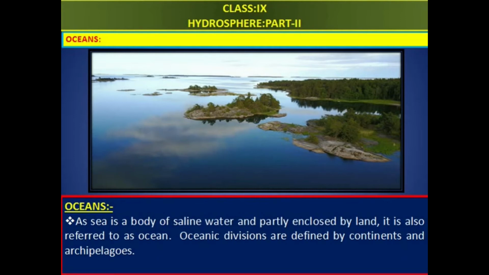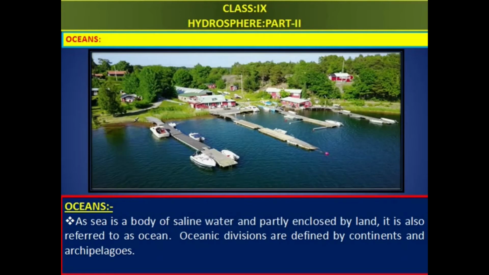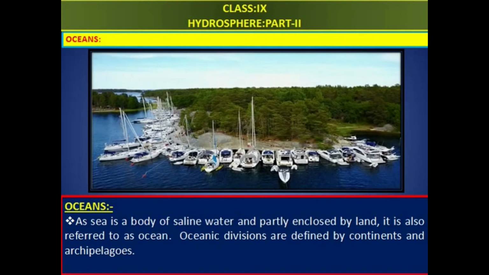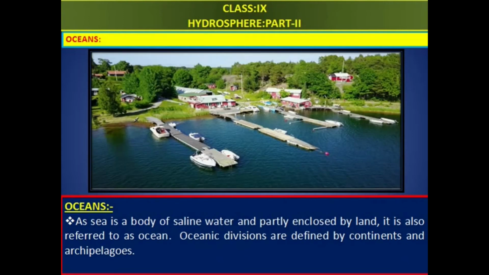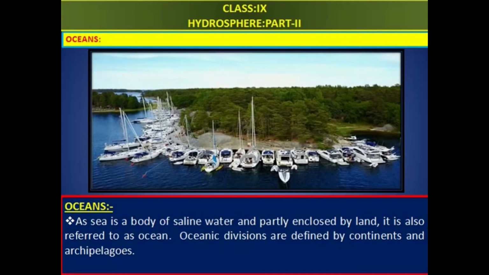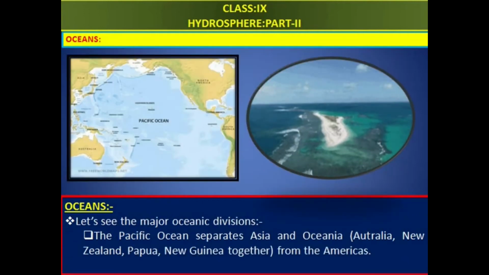A sea is a body of saline water partly enclosed by land, and it is also referred to as ocean. Oceanic divisions are defined by continents and archipelagos. Let us see the major oceanic divisions.